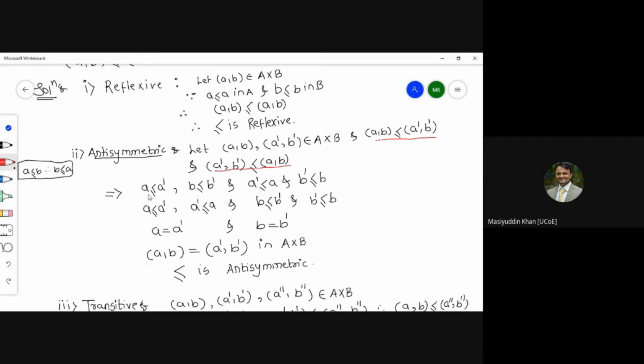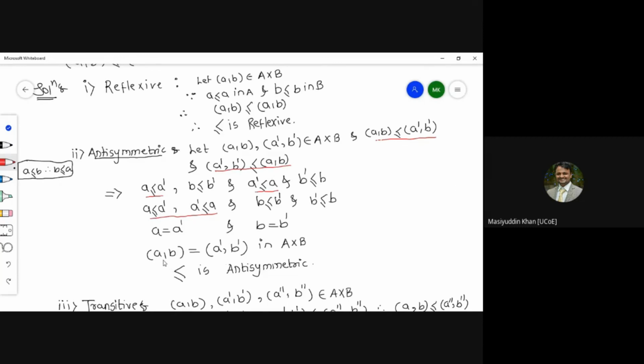So from these, a ≤ a' and a' ≤ a, so we write them on the same side. Similarly, b ≤ b' and b' ≤ b on the other side. If these two conditions hold, this means both are equal. Therefore, we write a = a' and b = b'.